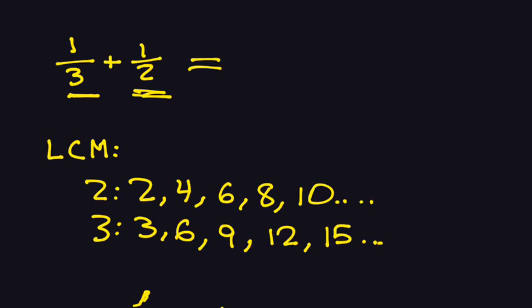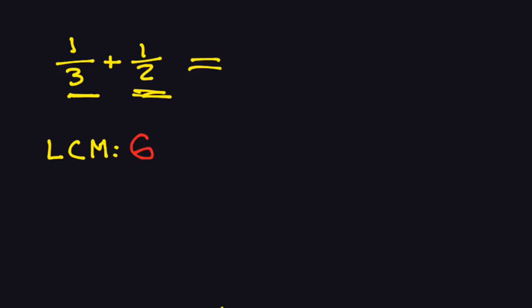So these are the multiples of 2 and 3, and I'm going to find the multiple that they share that is the smallest possible. What I see when I look at this list is a 6 and a 6. So I know that 6 is the least common multiple of the numbers 2 and 3. So I need to set both my denominators to 6.